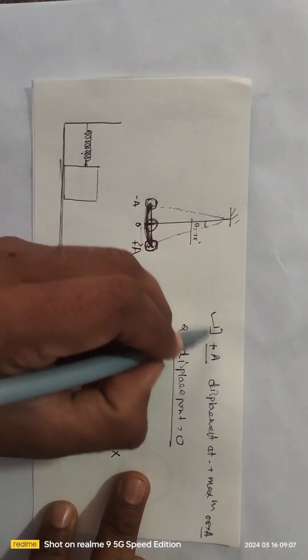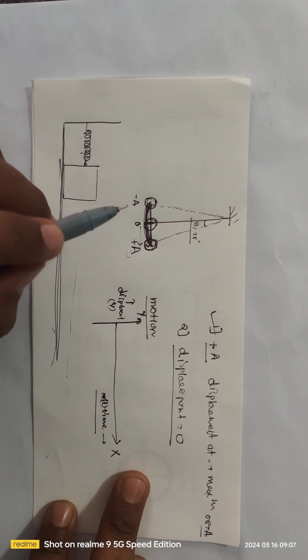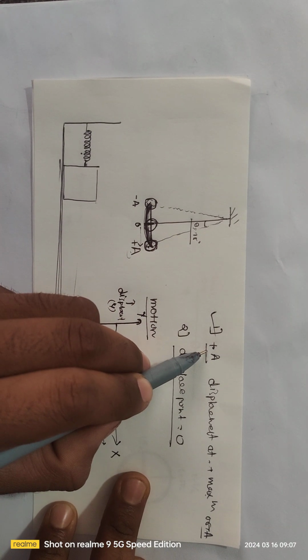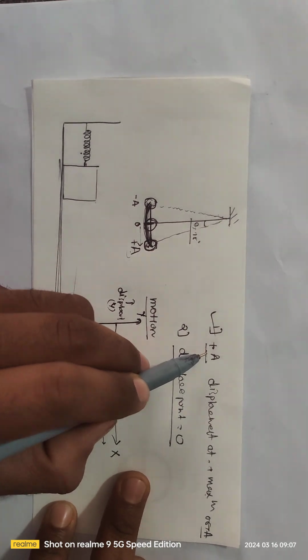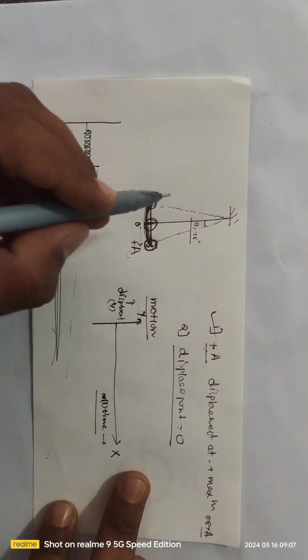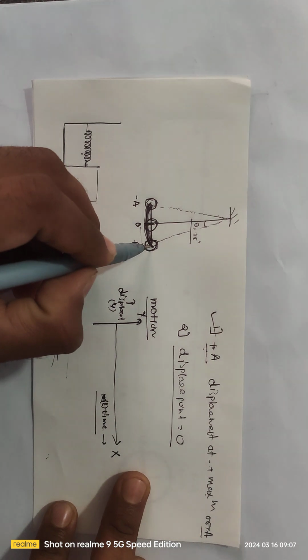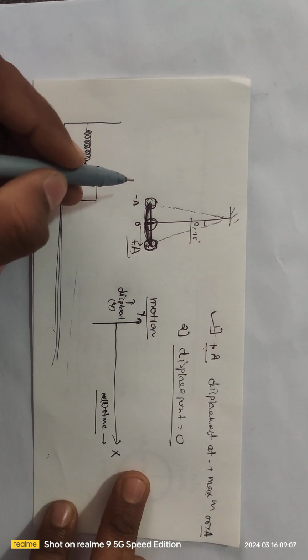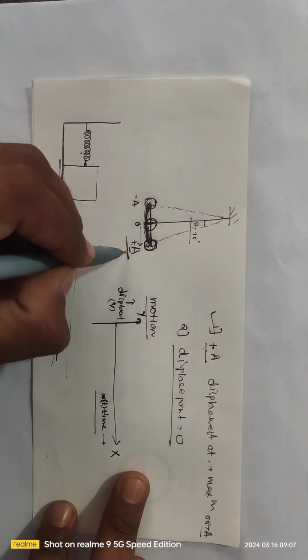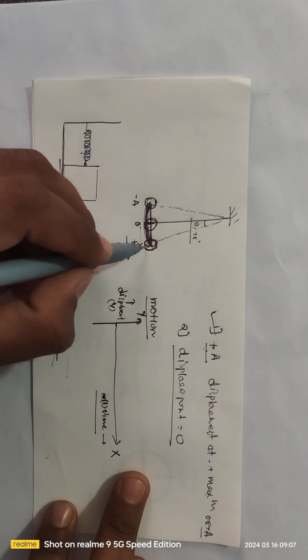So for the first case, if I start simple harmonic motion from the plus A, it is called the limit or amplitude plus A.